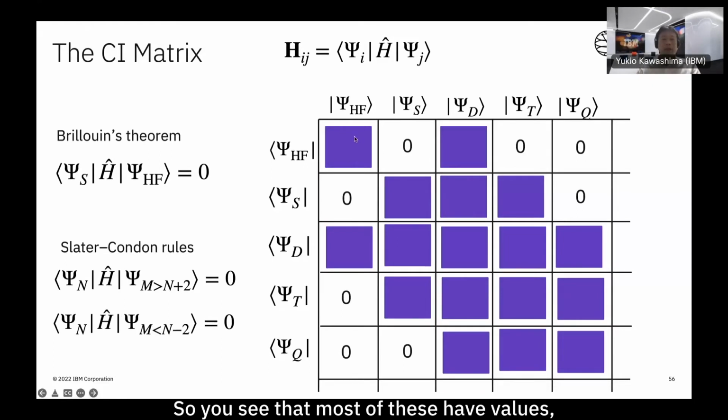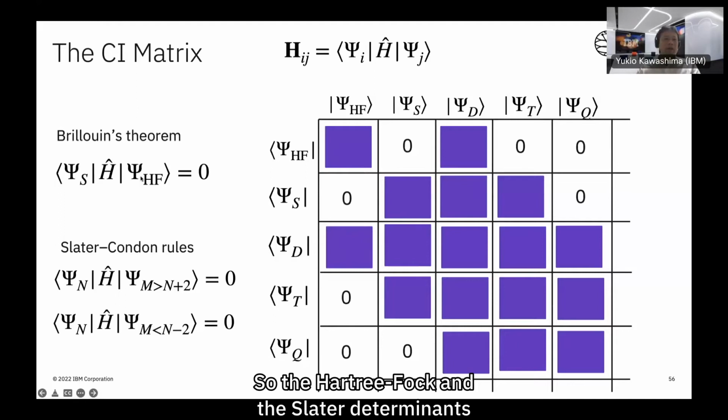So you see that most of these have values, but there are some zeros in the elements. So why is this 0? The Hartree-Fock and the singly excited Slater determinants don't have a value. Why is that?